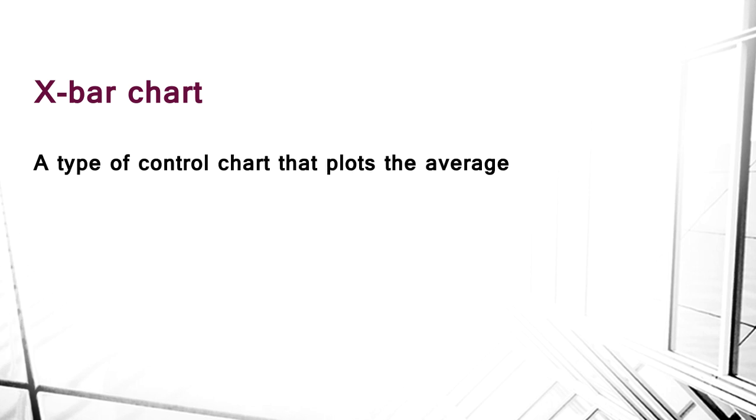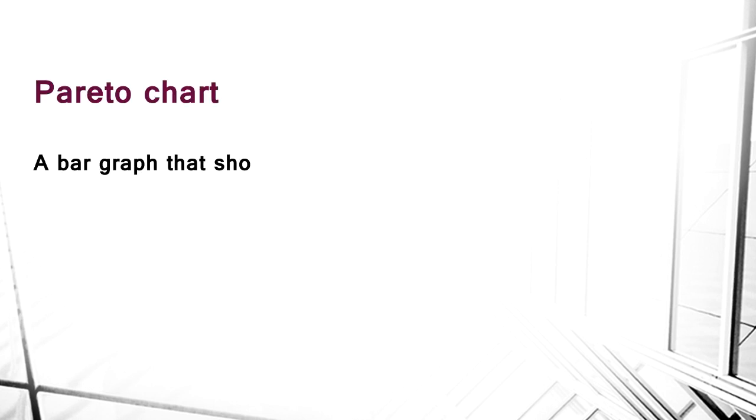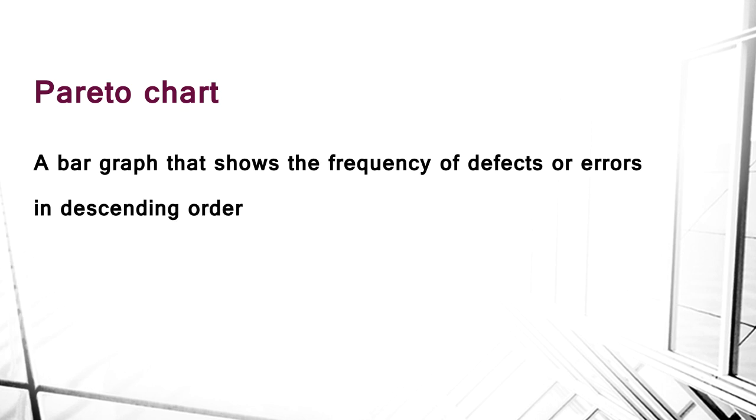Jargon: X-bar chart. Definition: a type of control chart that plots the average of a sample of data over time. Jargon: Pareto chart. Definition: a bar graph that shows the frequency of defects or errors in descending order of importance. Important word: factors.